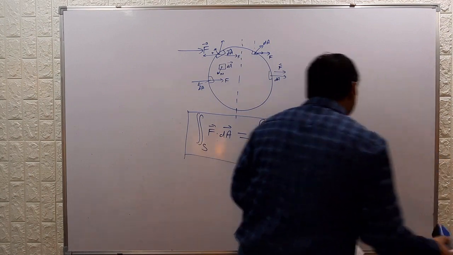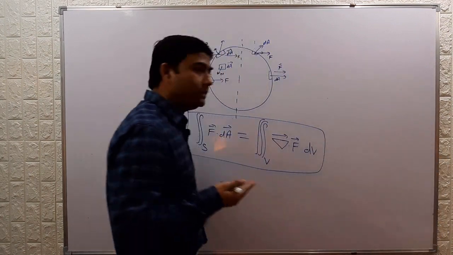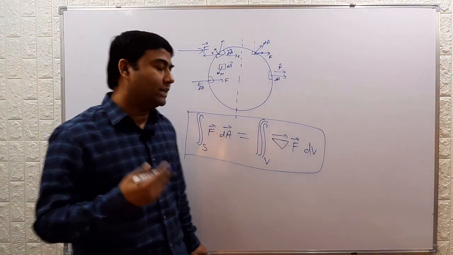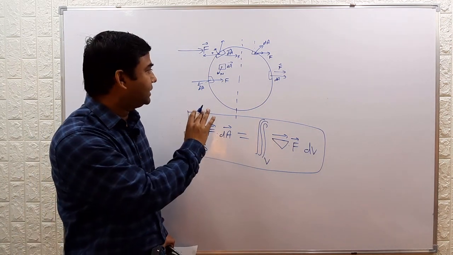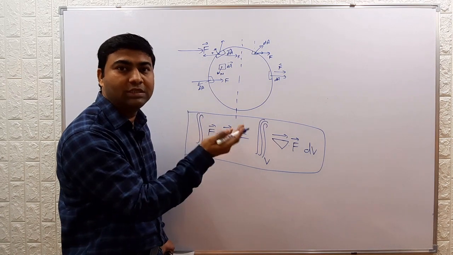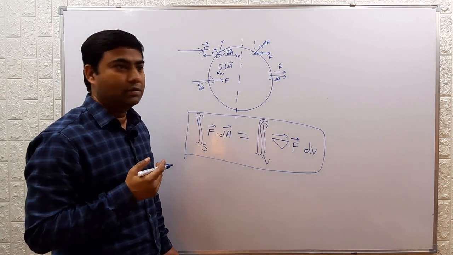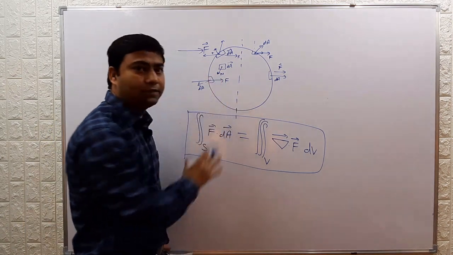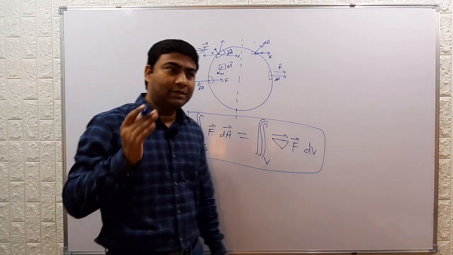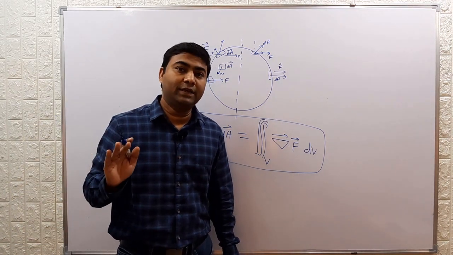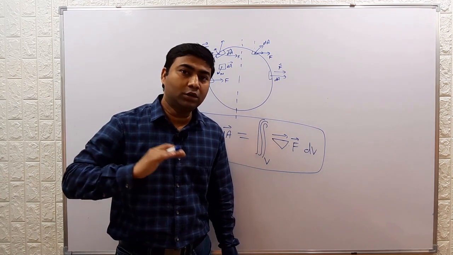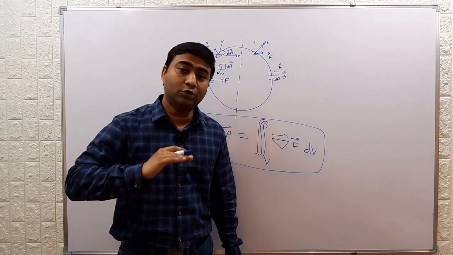Similarly, another theorem which is very important in vector calculus is Stokes' theorem. We have seen that Gauss theorem is for a closed surface. Here we have assumed a spherical surface, whereas Stokes' theorem is for a surface which is not closed, that is, an open surface.